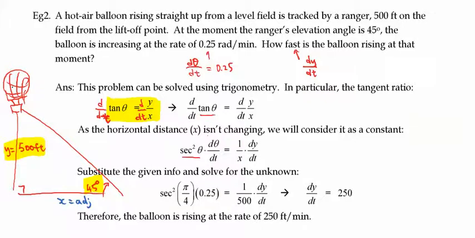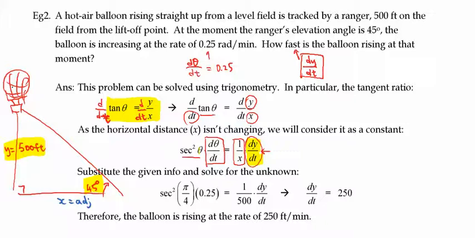And knowing we are differentiating this function with respect to time, I need the chain rule, d theta/dt. On the right hand side, once again, as x is a constant, I can take out the constant and differentiate this with respect to time, which will simply give us dy/dt. This is what we are trying to find. Here is the unknown. We're trying to isolate this.